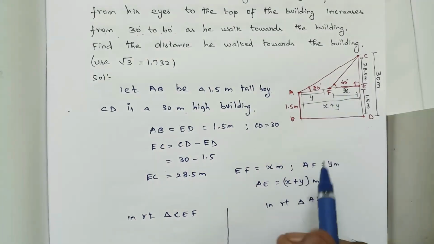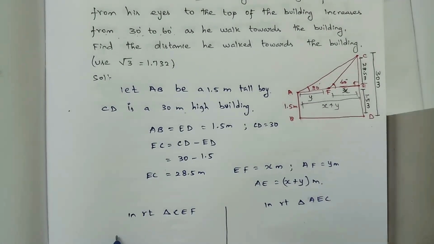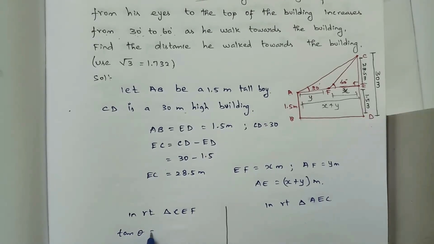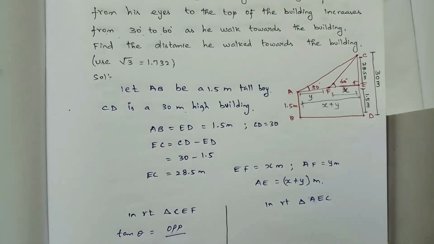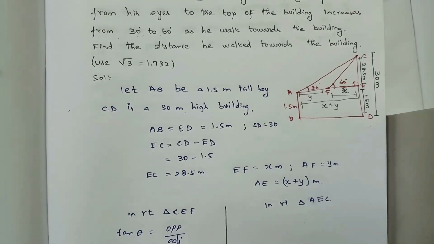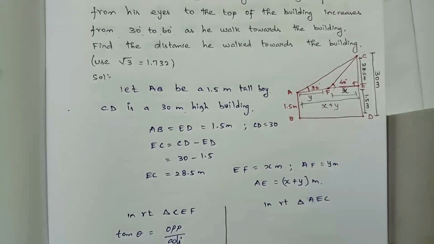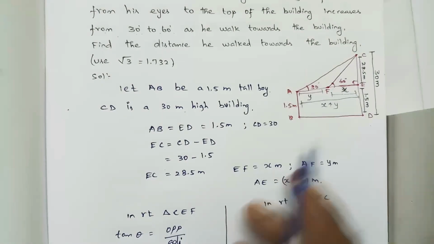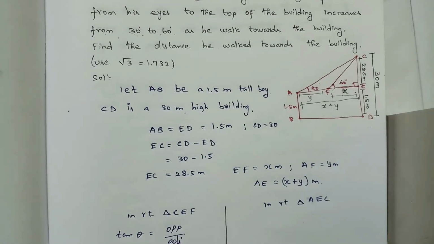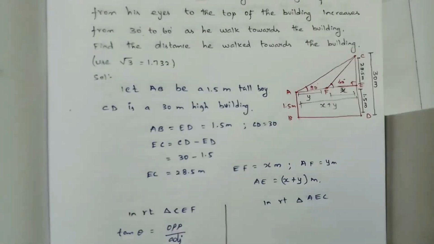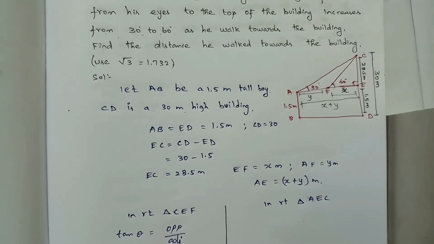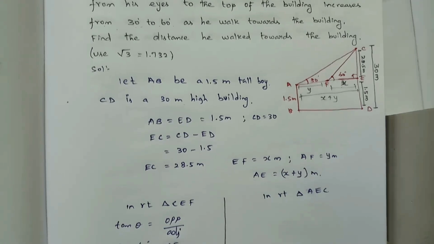So opposite and adjacent, trigonometry ratio is nothing but tan theta. So tan theta is equal to opposite side divided by adjacent side. What is the theta of this right angle triangle CEF? 60 degree. So tan 60 degree is equal to, for 60 what is the opposite side? CE divided by EF or FE, whatever may be, right? What is the value of tan 60 degree?